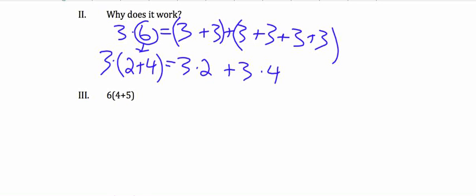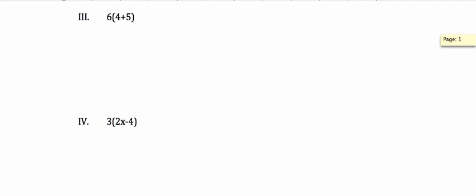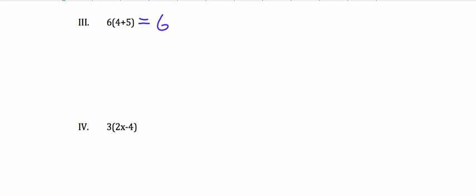Okay, so here's what I want you to do. We're going to practice using the distributive property just a little bit. In both of these, I want you to use the distributive property, show what that is first, and then simplify if you can. Okay, so looking up here, this would be 6 times 4 plus 6 times 5, because I have to distribute the 6 to the 4 and the 5.